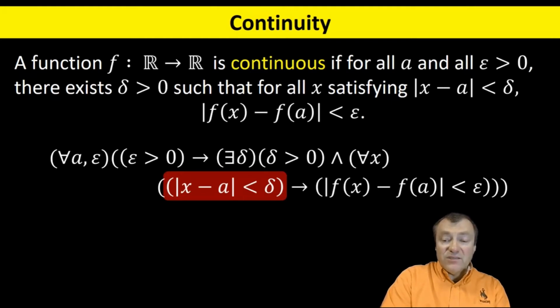But when defining continuity, the extra condition of 0 less than is unnecessary because the conclusion for f is going to be satisfied regardless in that case. So if x happens to equal a, the conclusion holds anyway. So there's no harm leaving out the 0 less than here. You should think about this point and convince yourself of what I'm saying.